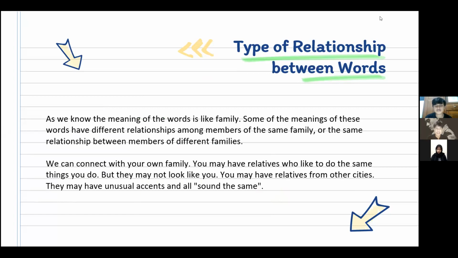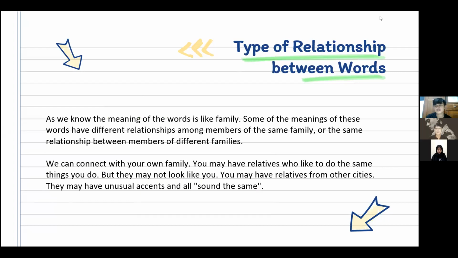That means that a word can have a thousand meanings. As we know, the meanings of words are like a family. Some of the meanings of these words have different relationships among members of the same family, or the same relationship between members of different families. You can connect with your own family.